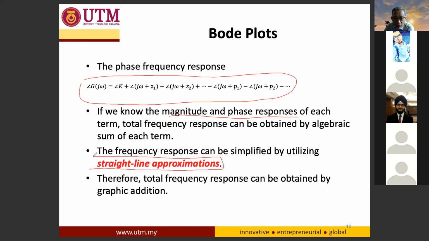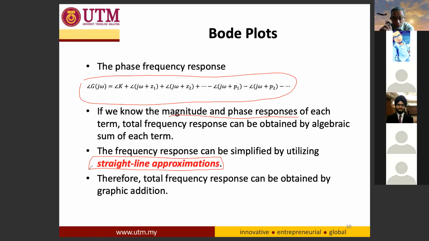Okay, so we have two methods in order to plot the Bode plot. The first one is using the exact calculation, meaning that we are using real data. Then we plot, and we connect each dot until we get the graph. The second one is by straight line approximations.